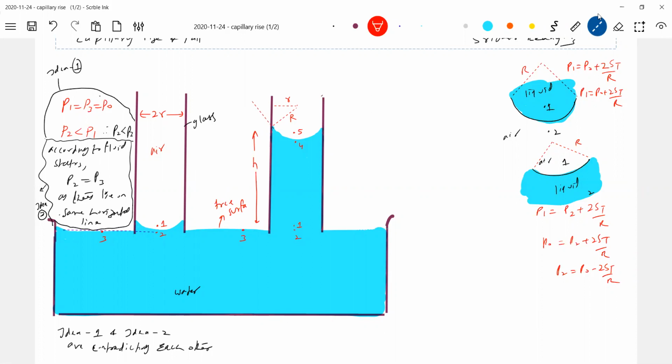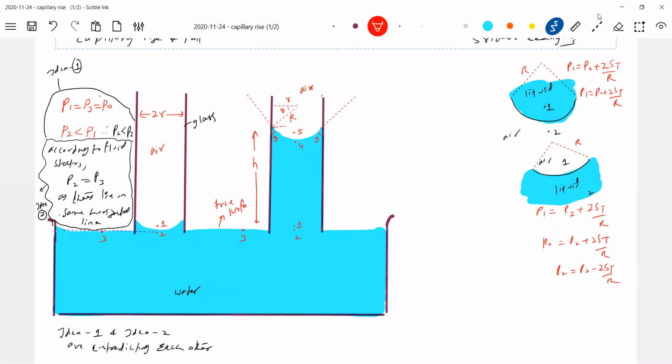Can you remember how we used to define the angle of contact? Now this is the angle of contact. If this is the angle of contact theta, then 90 minus theta, and this will be theta. Able to see the diagram?